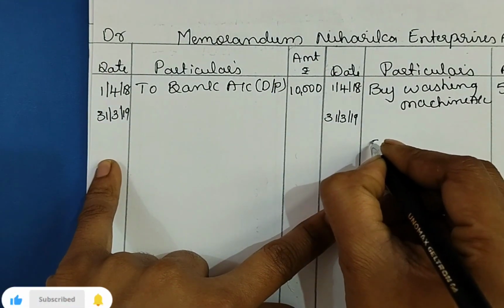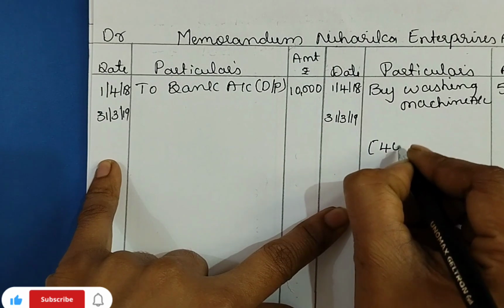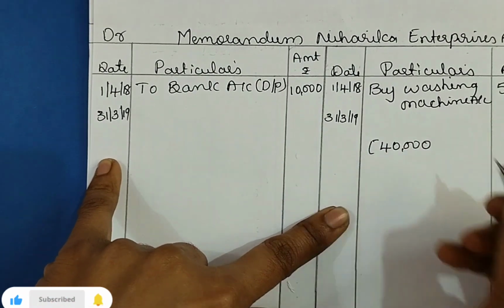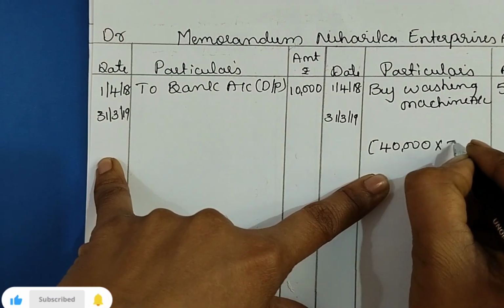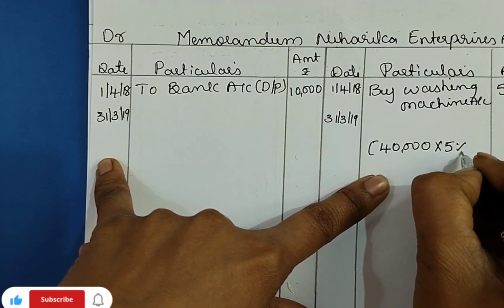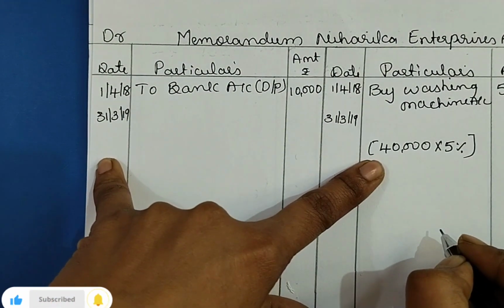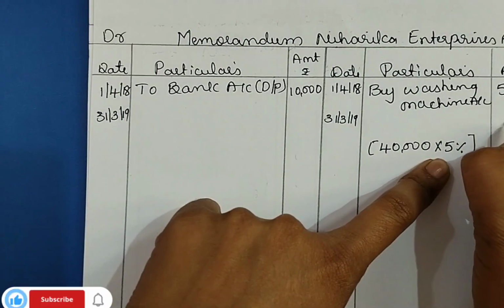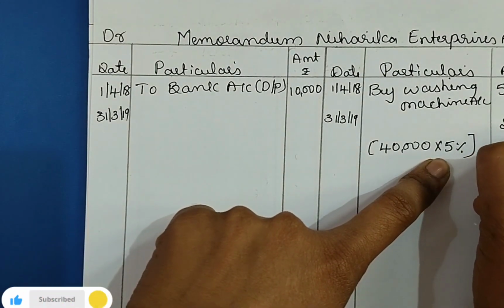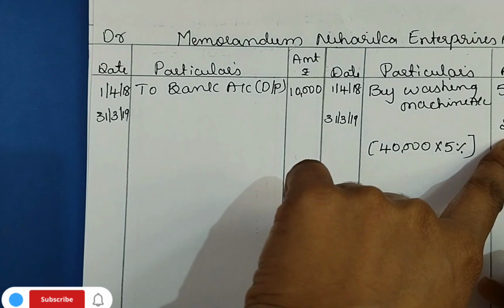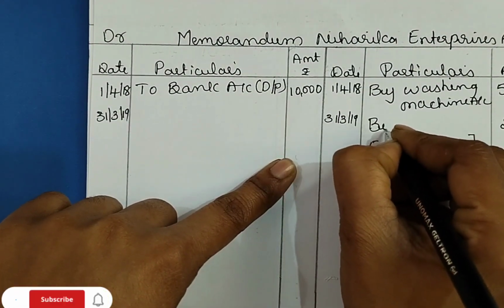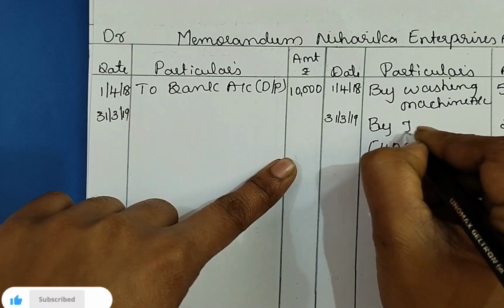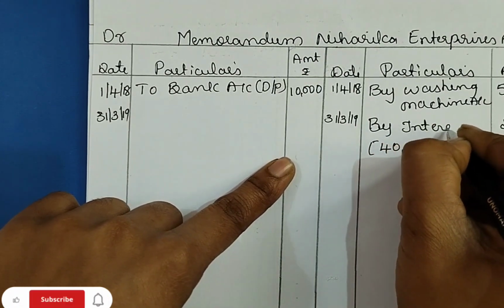What is the balance amount remaining? 40,000. The rate of interest is 5%. On 40,000, 5% is 2,000. This 2,000 came in the form of interest, by interest account.